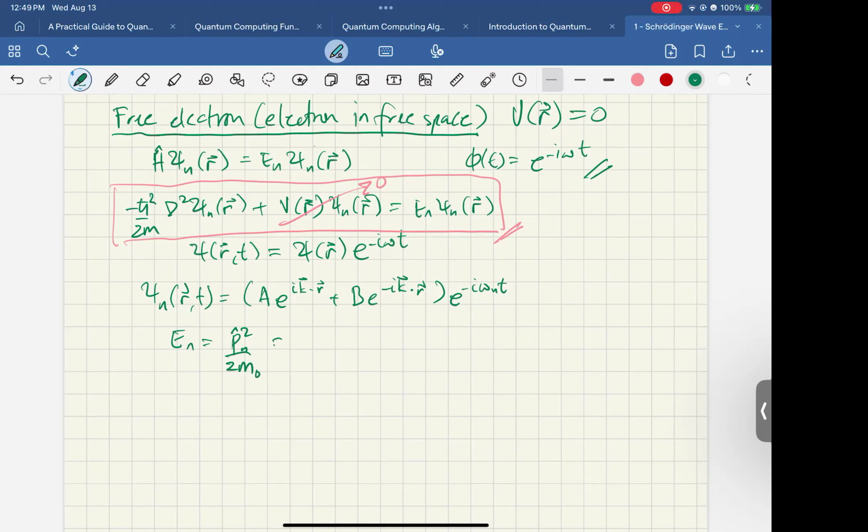And we know that in quantum mechanics, quantum physics, the momentum is h bar k. So this would be h bar k n squared over 2m naught, equals h bar omega sub n. So maybe a lot of this is new to you. Well, m naught is the rest mass.